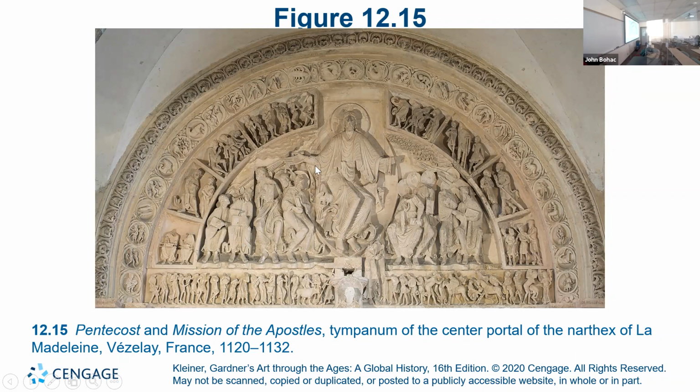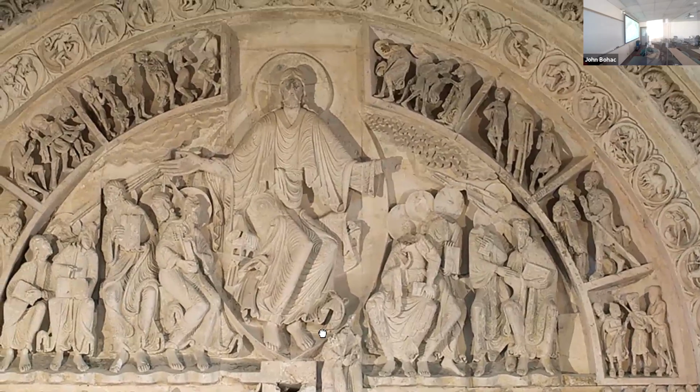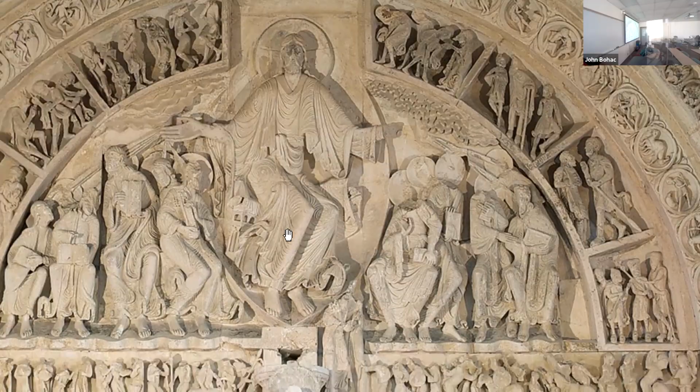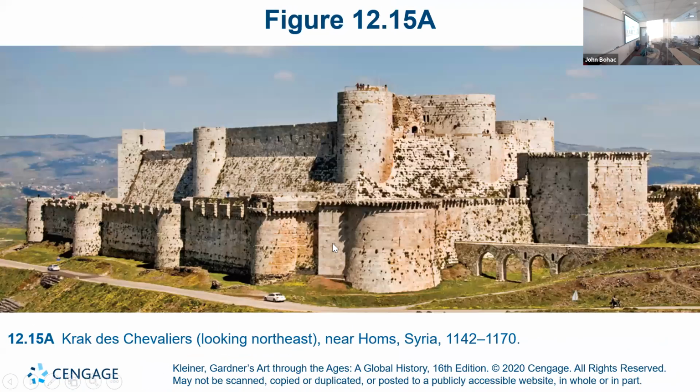But again, here we go. Largest figure by far. The iconography is still starting to change. We still have the beard. We still have the cross in the halo, but it becomes much more elaborate.